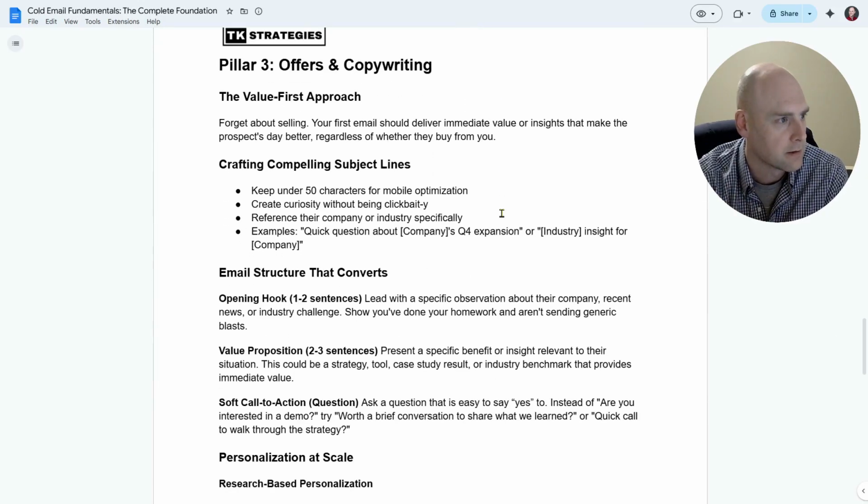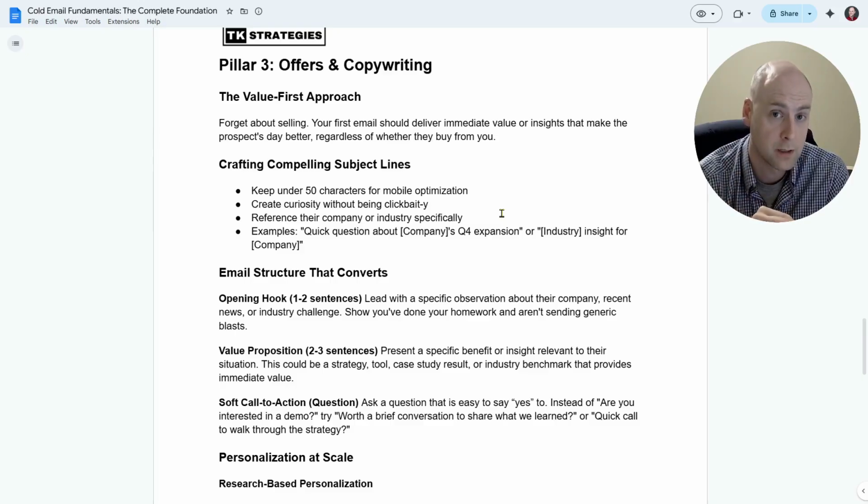Okay. All right. Finally, the offer and your copywriting. This is really where, the first two pillars, the deliverability and the lead lists, for the most part, those pillars are solved, meaning that there's an enormous amount of information available on YouTube and online to make sure that you set those up correctly.